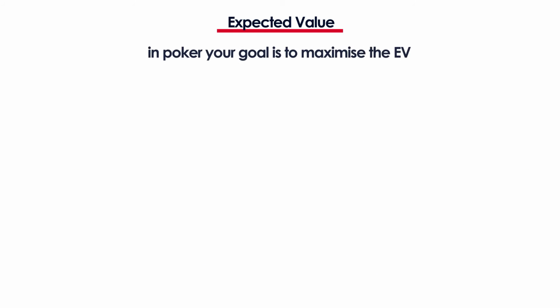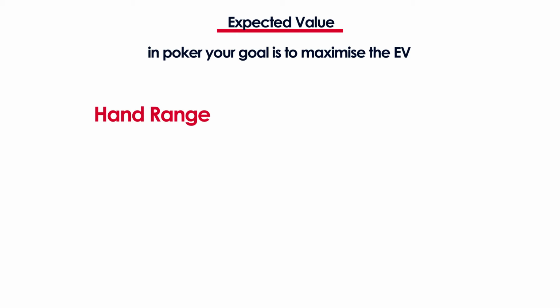In poker, your goal is obviously to maximize the expected value, as you want to maximize your profits and minimize your losses. We'll go over an example of a hand in a minute, but let's first talk about hand ranges.